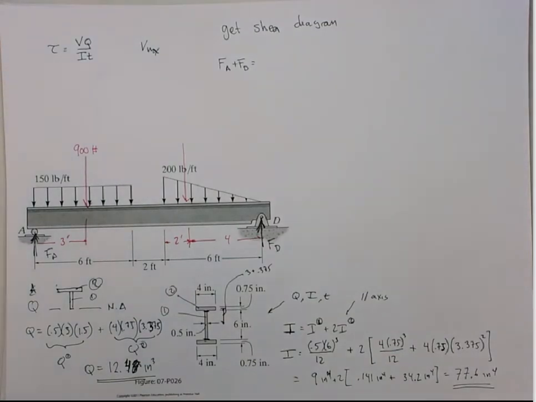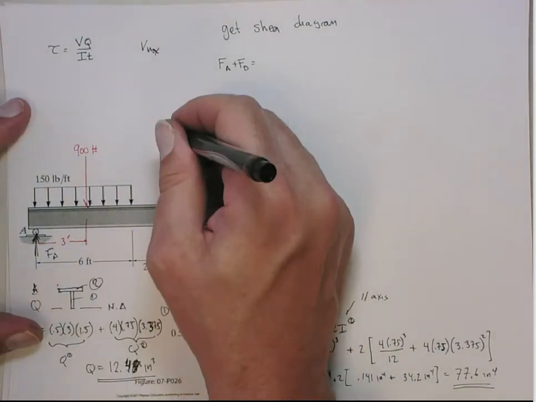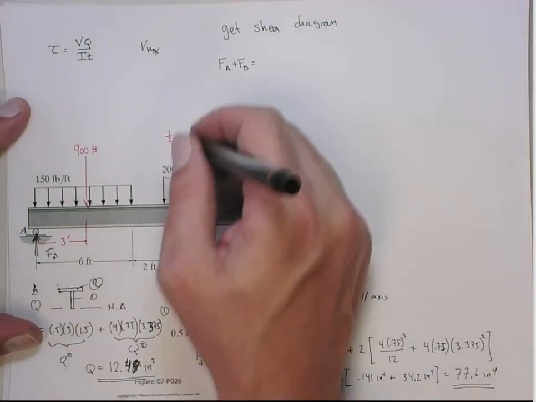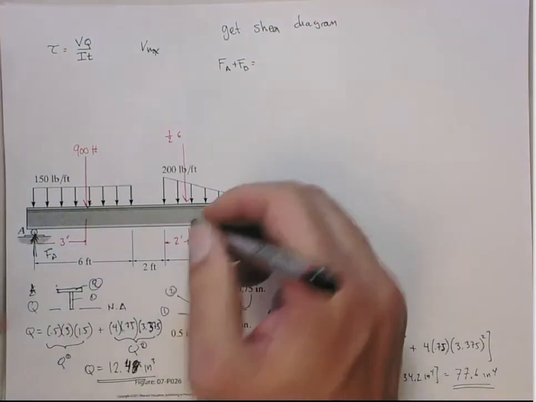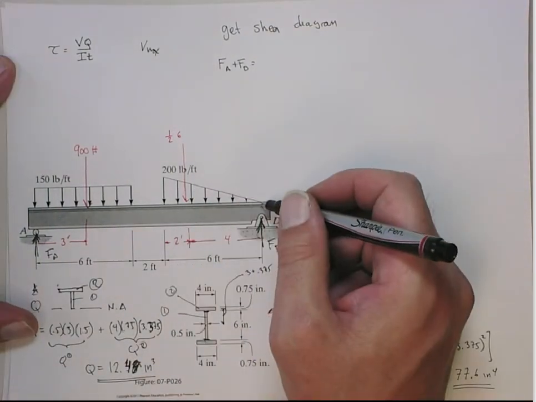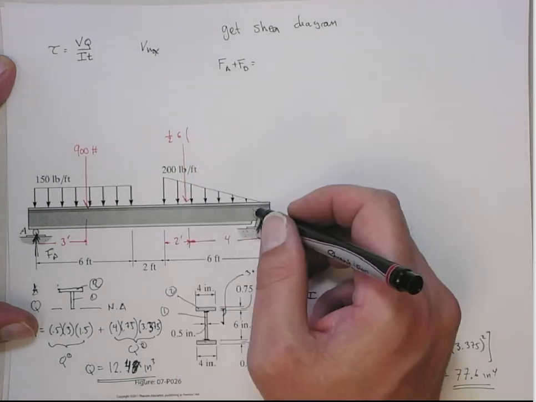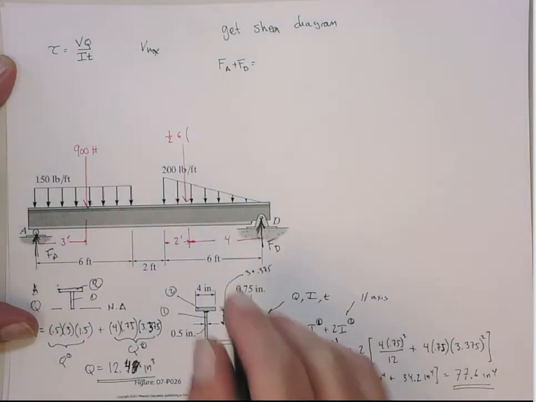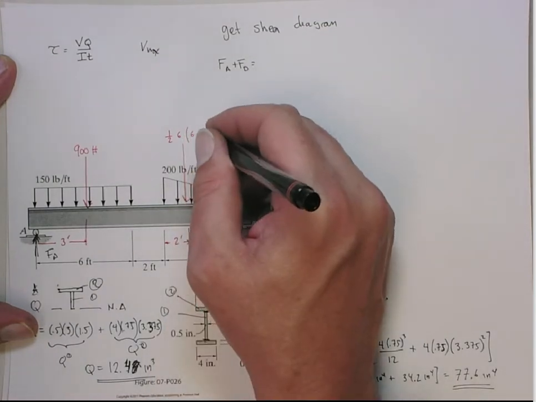And then its net force is the area under the curve, so that's 1/2 the base, which is 6 feet, times the height, which is going to be 200 over the 6 feet. So it's 6 times 200.